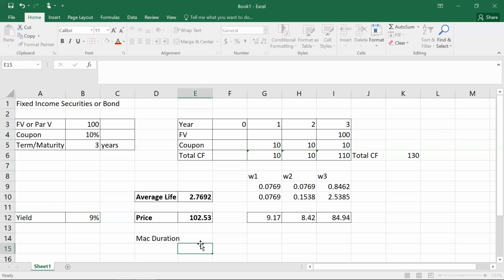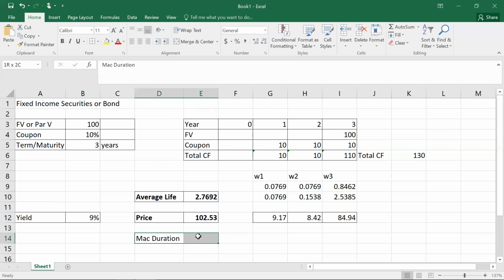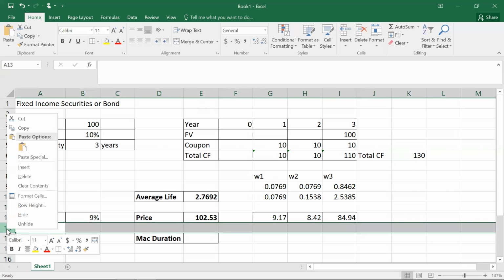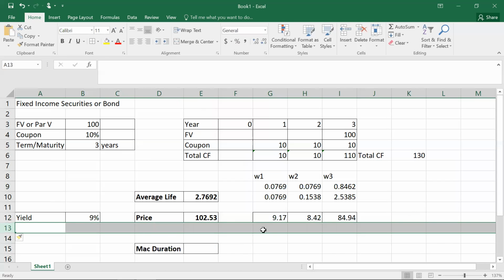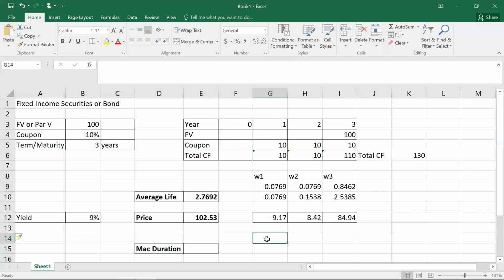So like average life is an indicator of time, even Macaulay duration is an indicator of time. The one thing that we have taken into account is the present value concept. So it is also a function of time, but we have taken the present value of cash flows. Okay, now again what we are going to do is we are going to find the weights.